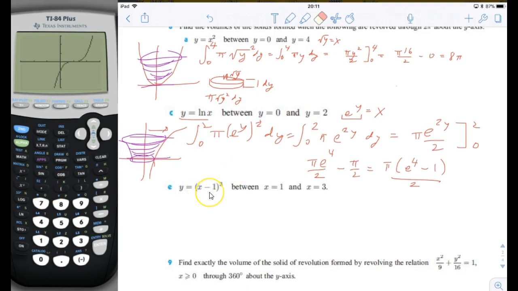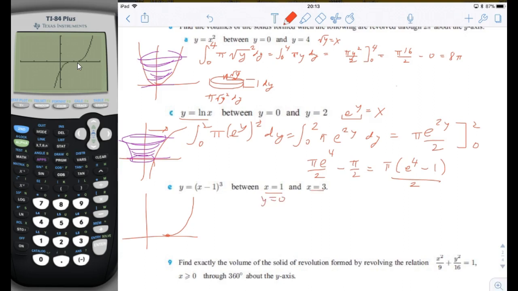Let's take a look at E. In E, I graphed it up here. What they want you to do is rotate this shape here around the y-axis. This was not obvious to me, but what they said in the solution was when they say x equals 1, what you're supposed to do is figure out the y point that corresponds to x equals 1, so that would be y equals 0, right?